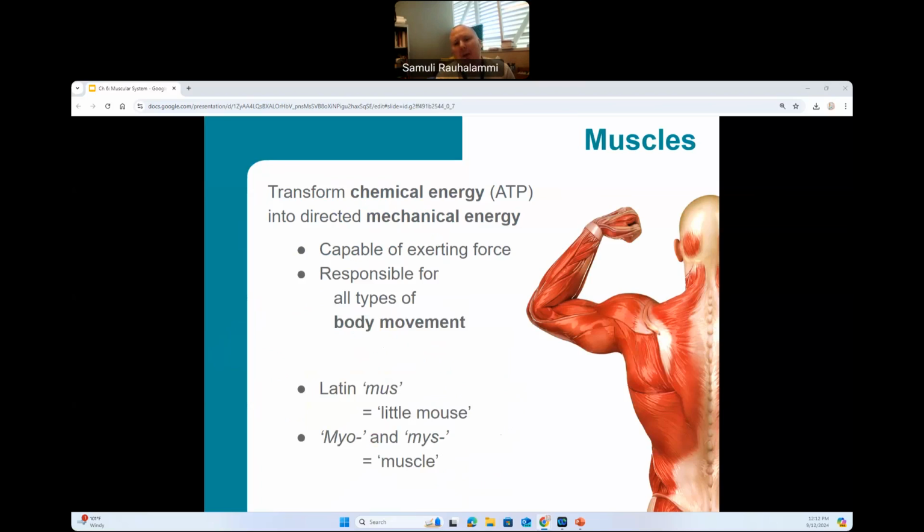If we think of the term muscles a little bit more, the term really comes from the Latin language for little mouse. And I think what that captures quite beautifully is the microscopic nature of the structures that end up generating that movement.